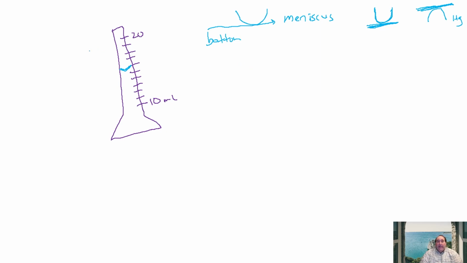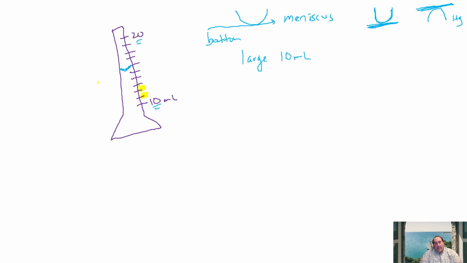So once again here, if we take a look at the scaling here, we got 10 as a big number, and we got 20. So our large markings in this case is actually going to be 10 milliliters. Once again, we're going to count the small markings between the larger markings, and we're going to start again just past that last large marking.